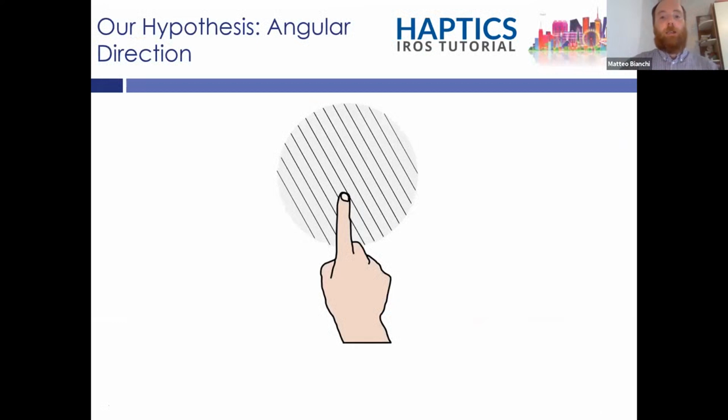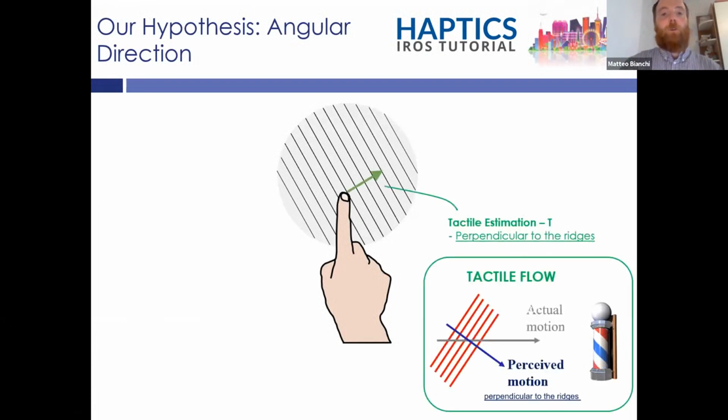So basically, what we did is to ask subjects to move their finger pad to reach a location over a rigid plate. When the finger pad moves over the ridges, because of the aperture problem that can also be observed in vision, the tactile flow provides an estimation of the direction which is perpendicular to the ridges.